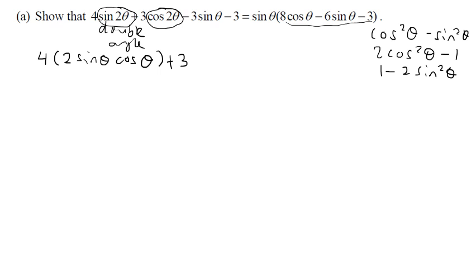As you can see here, if we check correctly, if we expand sine with cos here, we get sine theta cos theta, and it should be the first term here, because 4 times 2 is 8.